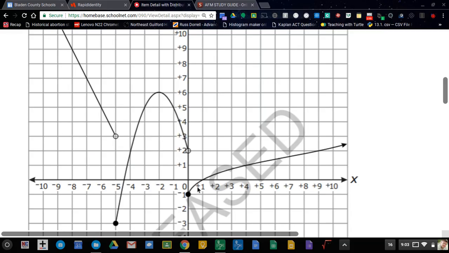What type of function is sitting right here? That's kind of a weird function, right? What type of function behaves like that? Not exponential. Exponential, the domain is all real numbers. This one's cut off right here. So what do you think that is?